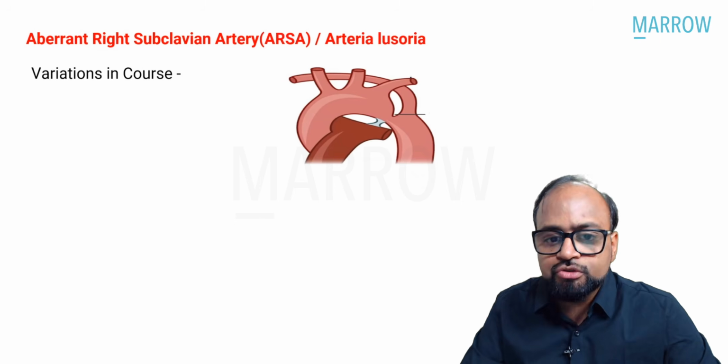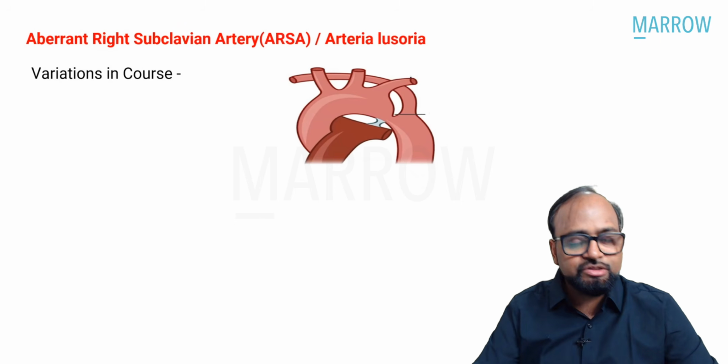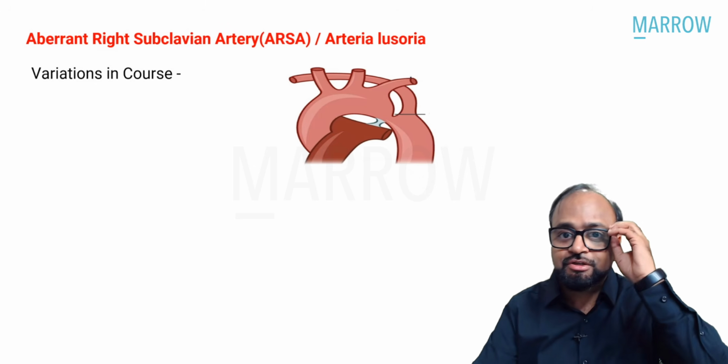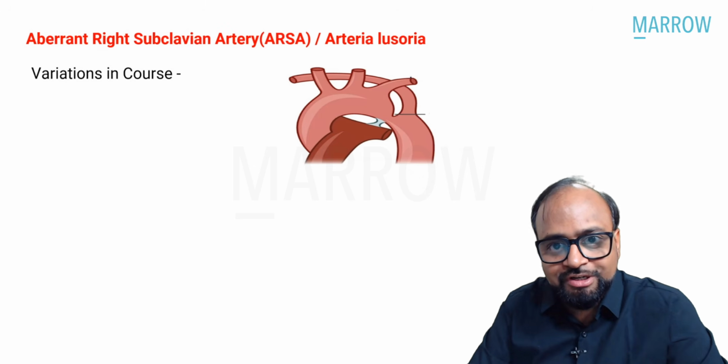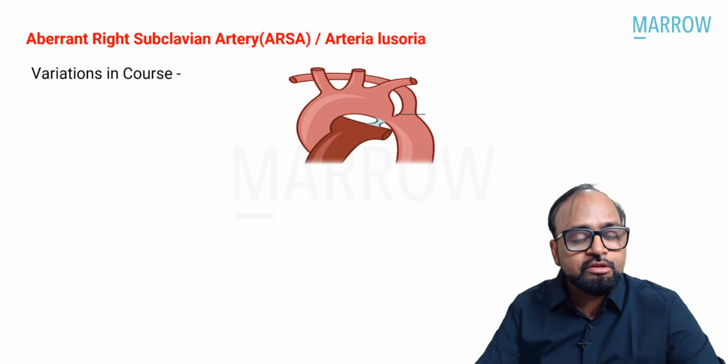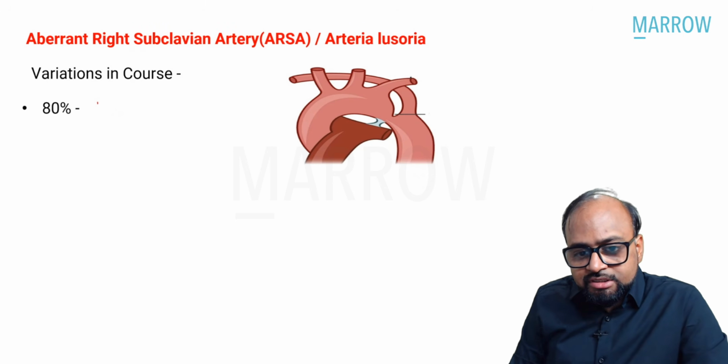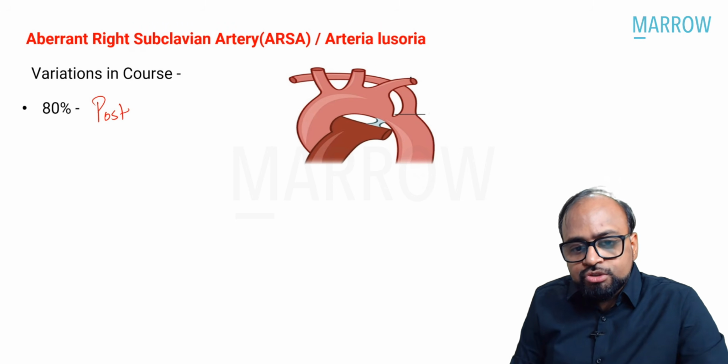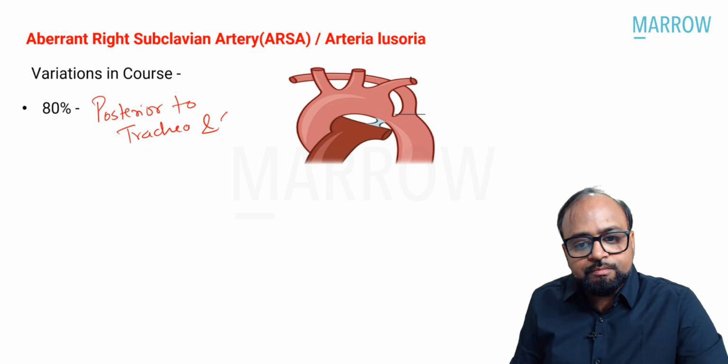What is the importance of detecting it? So few important applications of detecting the aberrant right subclavian artery. There could be variations in its course. In 80% of the cases, it passes posterior to the trachea and the esophagus.